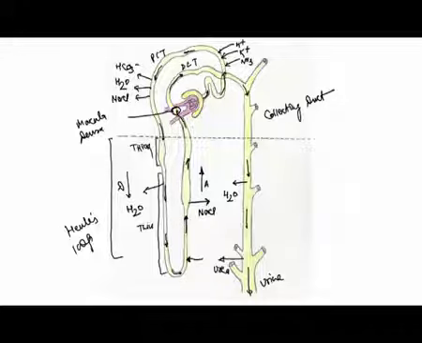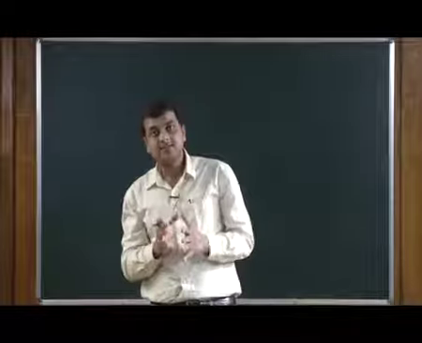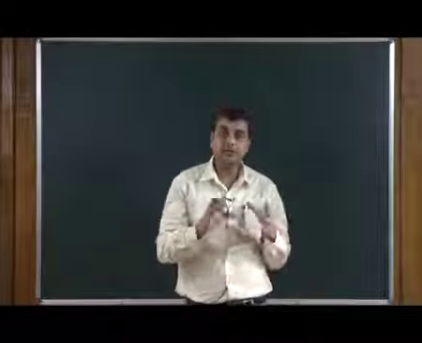So these are the three ionic concentrations secreted into the system, while most of the other things are reabsorbed. So this is, in a nutshell, the complete urine formation.